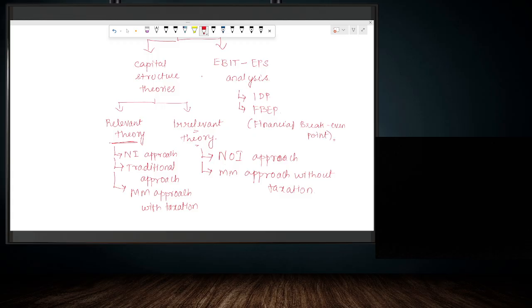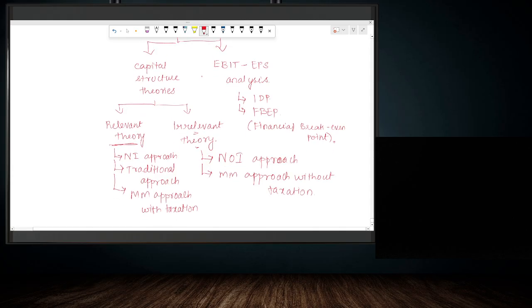So these are all the topics that we are going to study in the capital structure chapter. In the first part of the chapter, we are going to focus on capital structure theories. I think the first 20 questions are based on capital structure theories, and from question number 21 to question number 29 we have questions on EBIT EPS analysis.